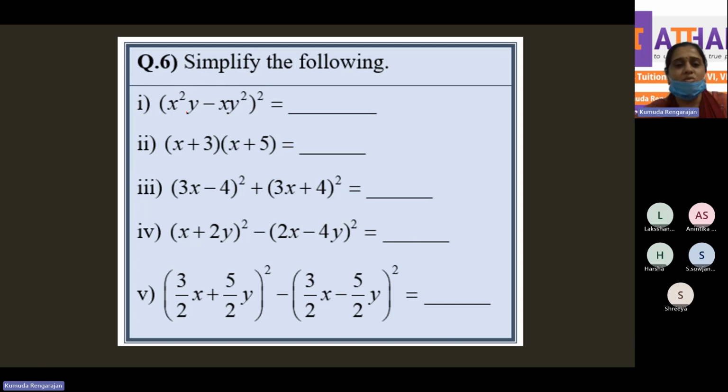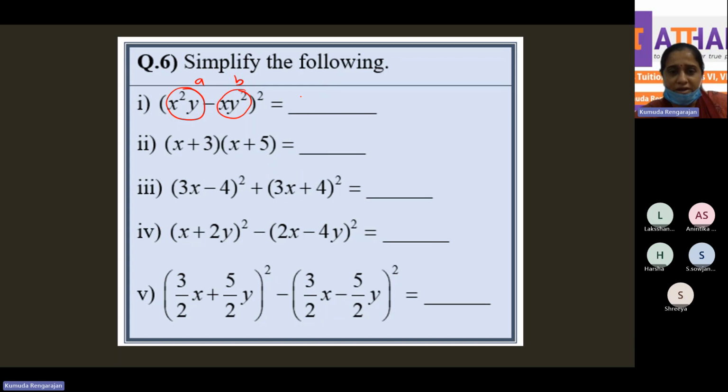So what is given is of the form A minus B the whole square. See, you don't read x squared y wrong. Look, there's one term here, A. There's another term here, B. Separated by a minus sign, and then bracket squared. What is A minus B the whole square?